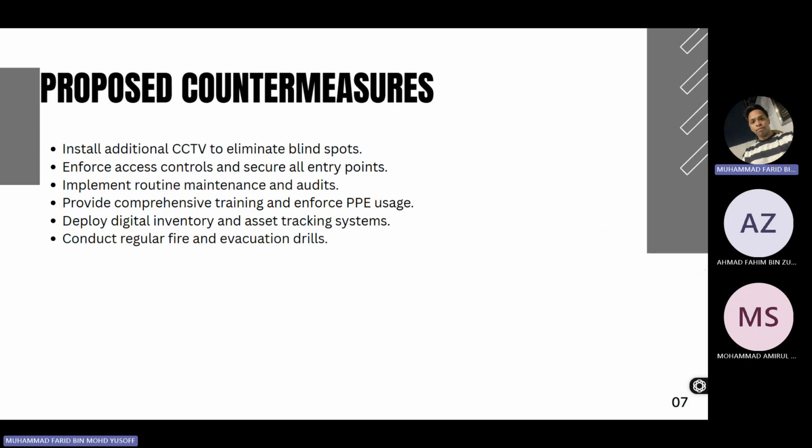So to fix the issue, we suggest: install additional CCTV to eliminate blind spots. Second, enforce access control and secure all entry points. Third, implement routine maintenance and audits.